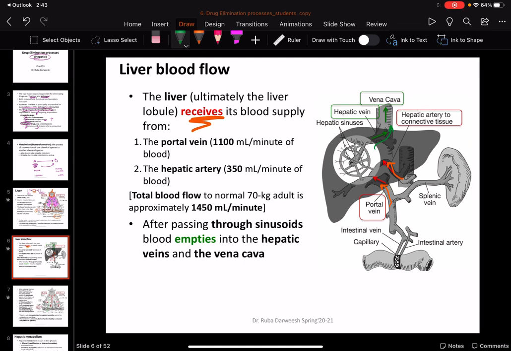And by the way, if we are talking about the total blood flow, which is an average of about 50 milliliters per minute in a 70 kg adult, we can find that the majority of it goes into the liver through the portal vein. That's why we keep saying that the liver receives the blood through the portal vein, because the majority of it goes through the portal vein.